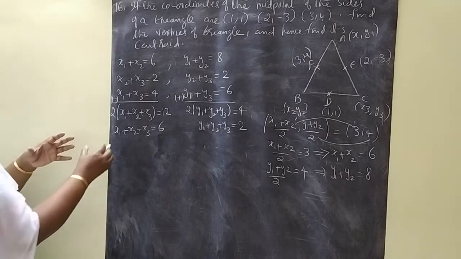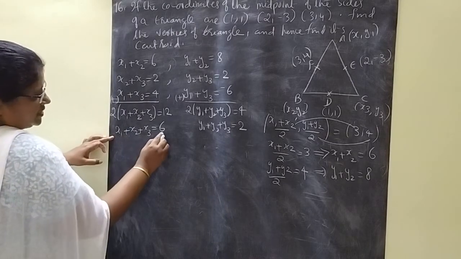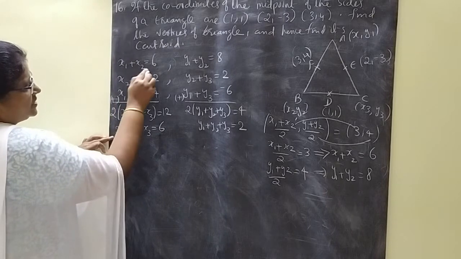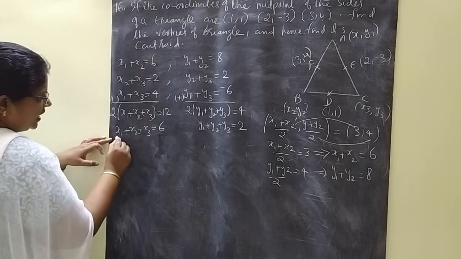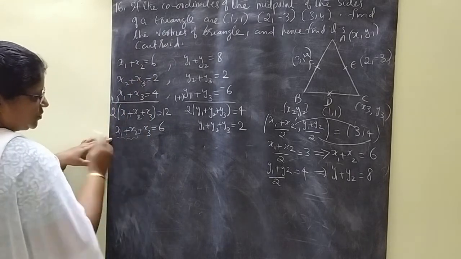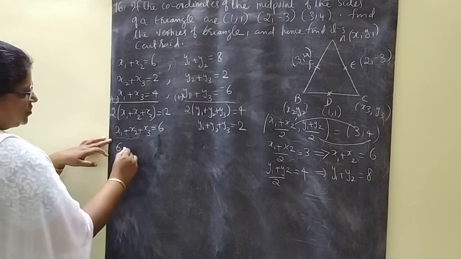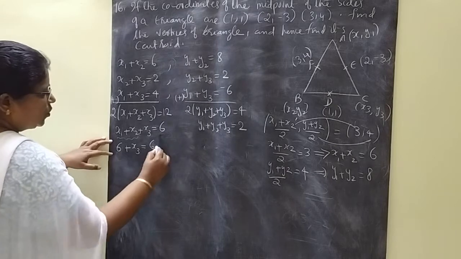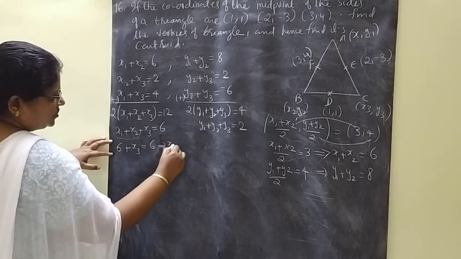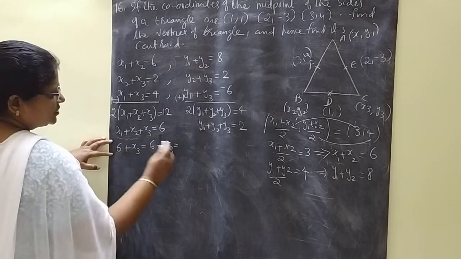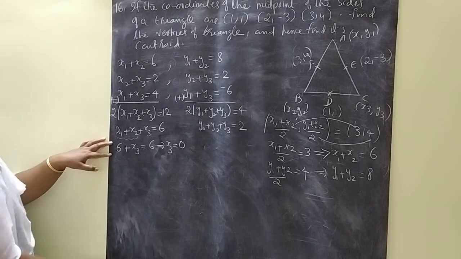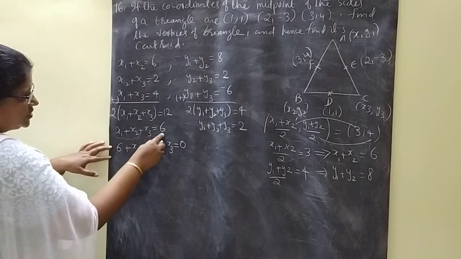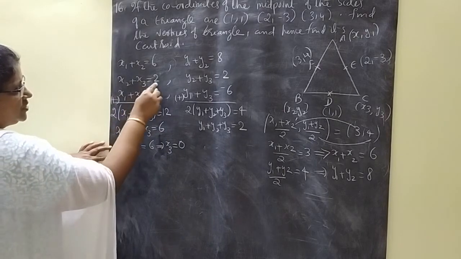Now, you see, the sum of these three is 6. But x1 plus x2 itself is 6. So instead of x1 plus x2, we can put 6. 6 plus x3 is equal to 6. So this implies x3 is 6 minus 6, 0. Now, x1 plus x2 plus x3 is 6, but x2 plus x3 is 2.